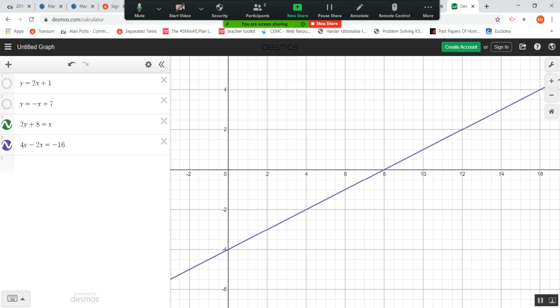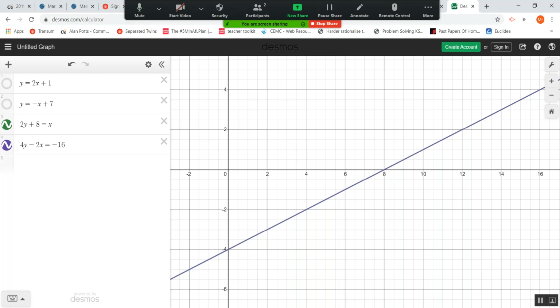They're the same line. So how many solutions will there be? How many places will x and y be equal? Exactly, all of them. So there are actually an infinite number of solutions for this one.